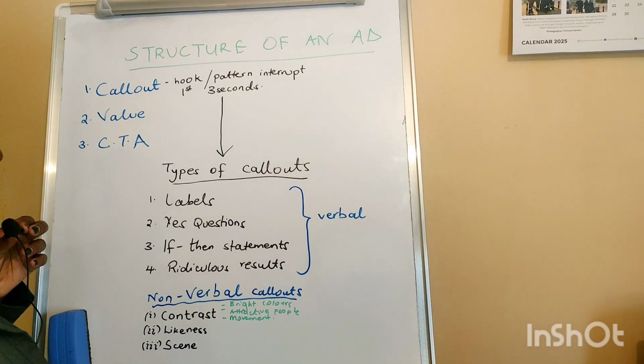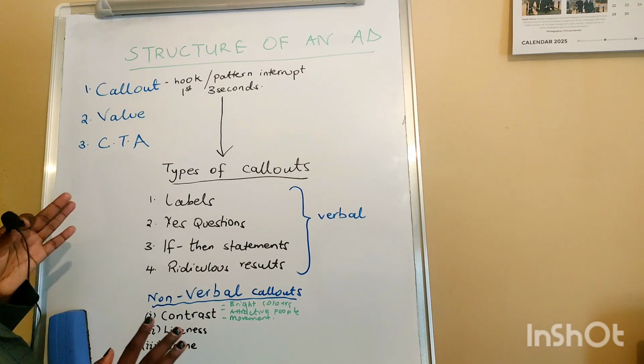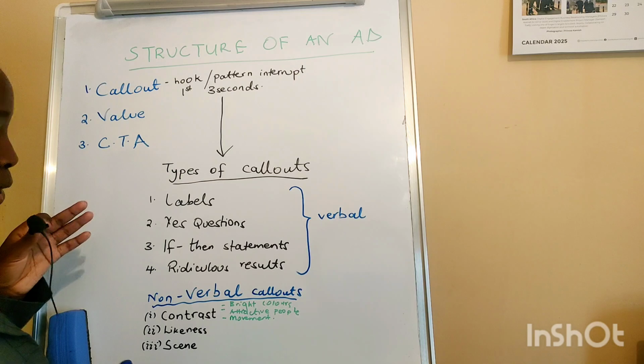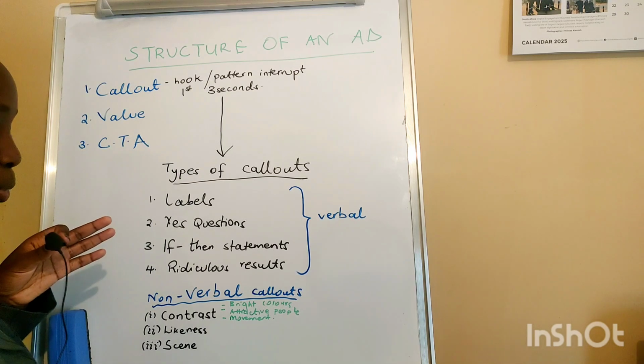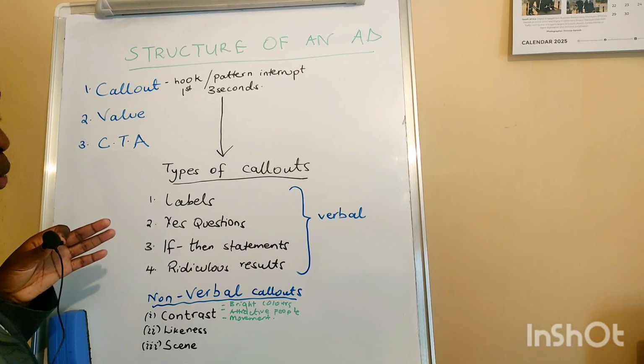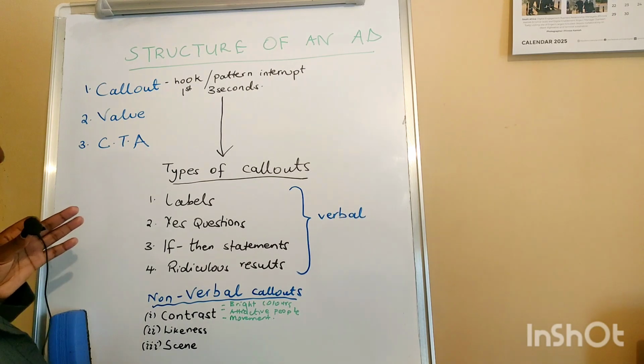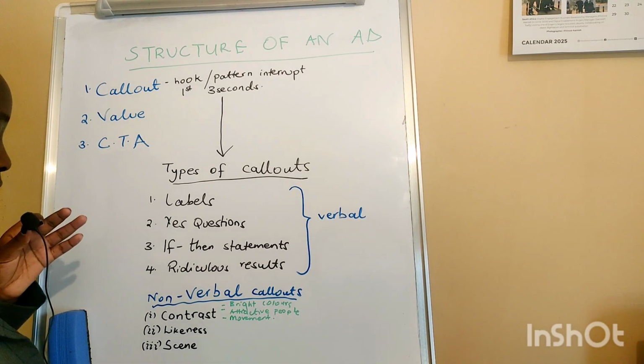What does this mean? Bright colors. Shouting colors, something that automatically gets attention because of how big and bright it is. Or you can use attractive people dancing, people wearing outrageous clothes. Attractive people always get attention.